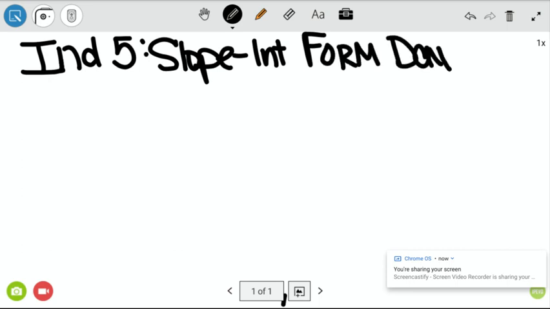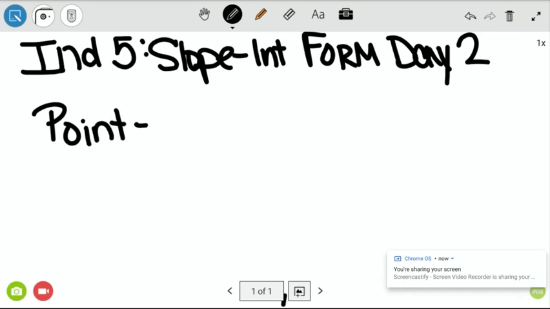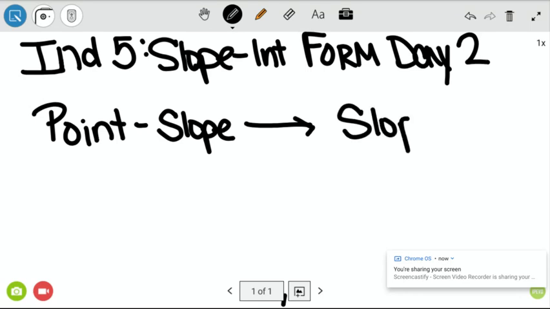Now, today we are still working on, I probably should learn how to write that. So we are actually going to still write equations. We want our final answer to be in slope-intercept form, but today we are going to be writing equations, and we are actually going to start out in point slope form, and then we will convert our answer to slope intercept.